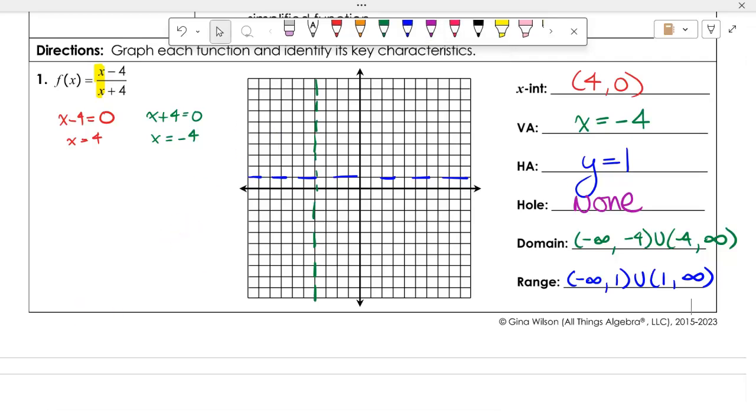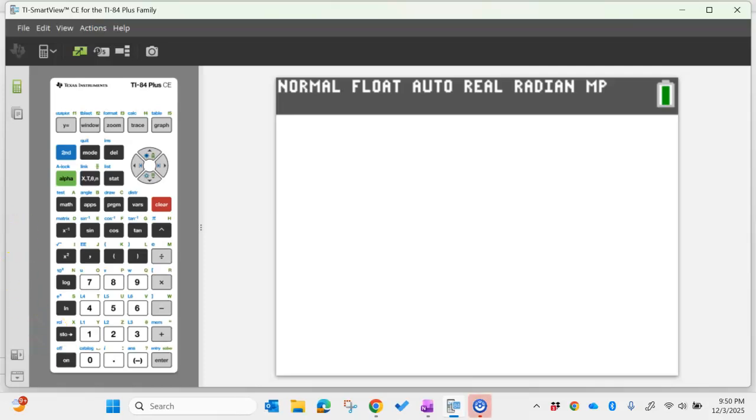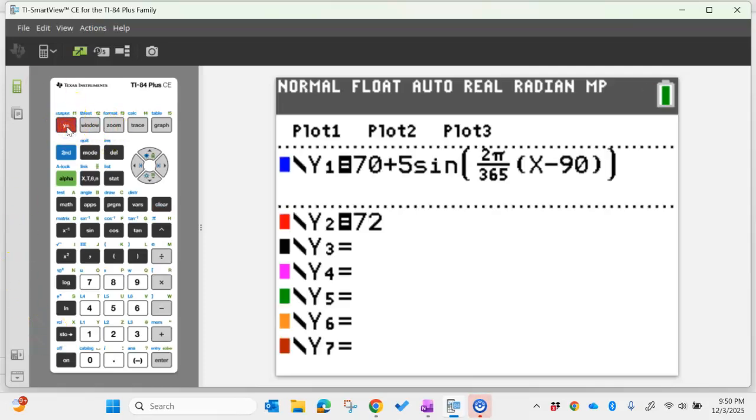So let's try that. All right, so let's get this put into the calculator. I'll show you how to put it into the graphing calculator as well as into Desmos. So if I go ahead and put this equation in, it's just the basic equation.